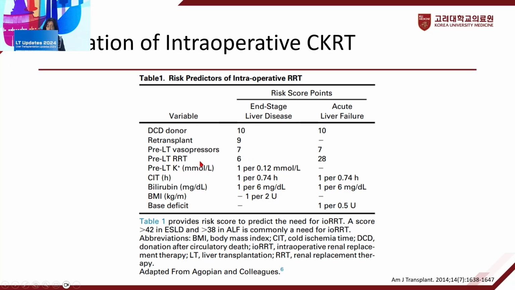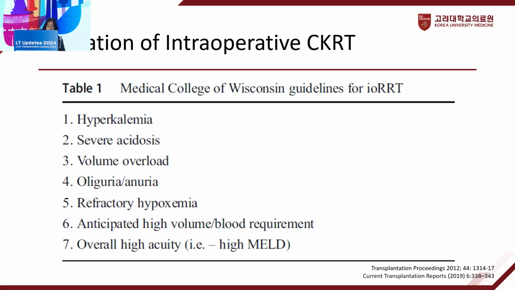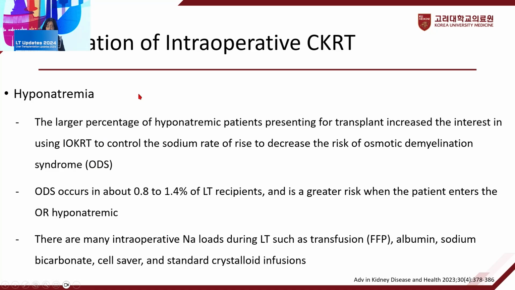This table shows risk predictors of intraoperative RRT. Intraoperative KRT was performed on patients with hyperkalemia, severe acidosis, volume overload, oliguria, refractory hypoxemia, anticipated high-volume blood requirement, and or high MELD, according to the Medical College of Wisconsin guideline.